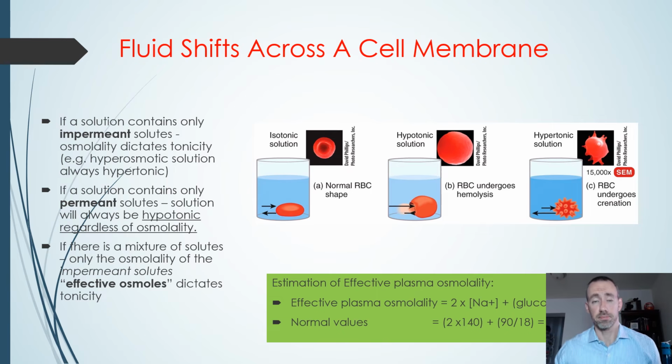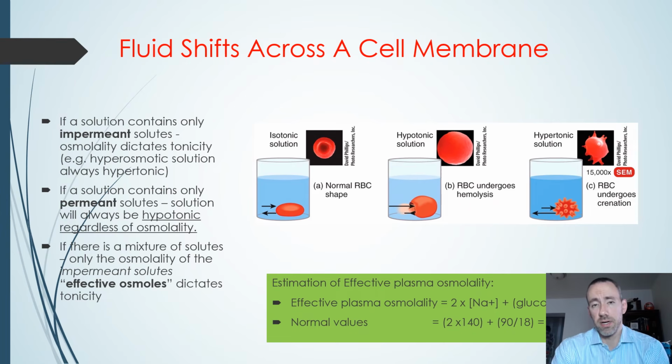That calculation represents the primary effective osmoles. I call them effective osmoles because those are the impermeable solutes that cause water shifts. So sodium chloride. So in this calculation, I would multiply sodium by 2.